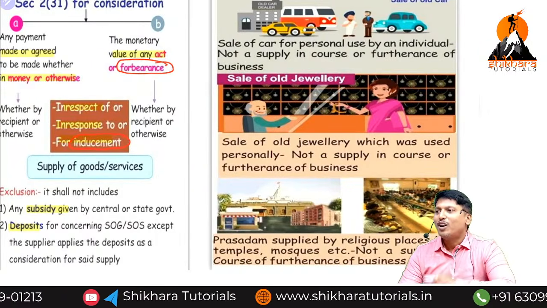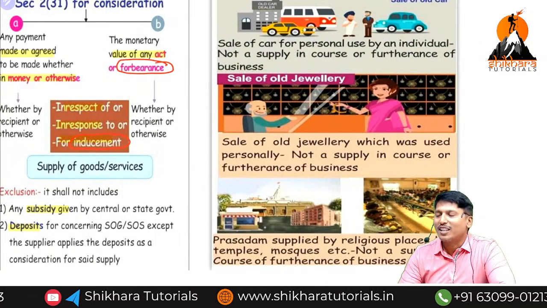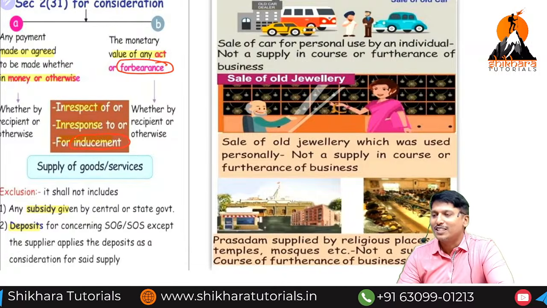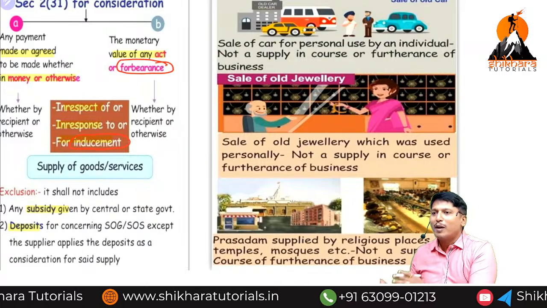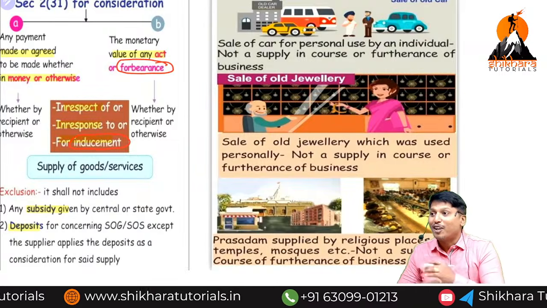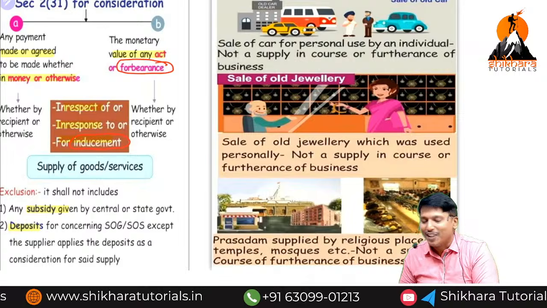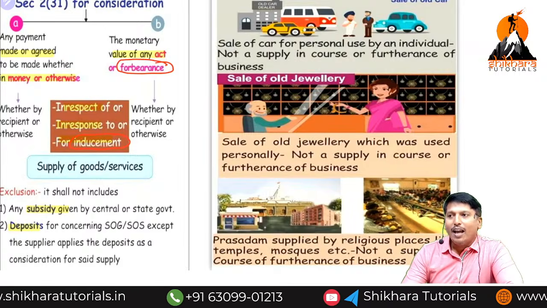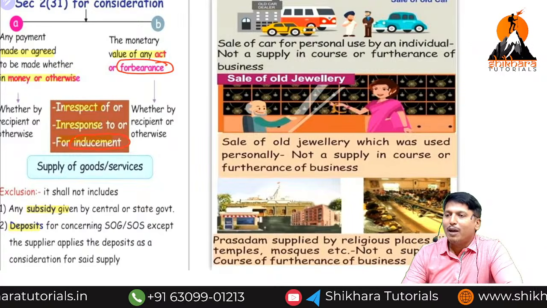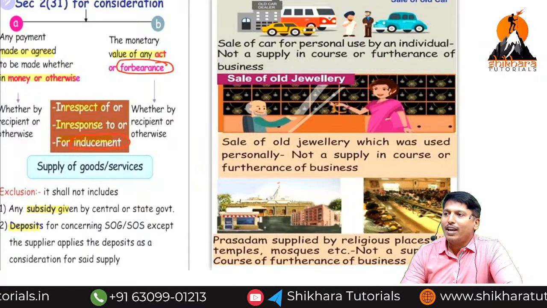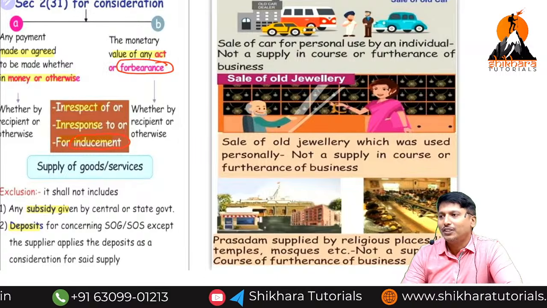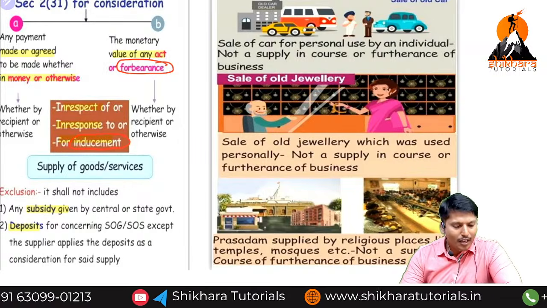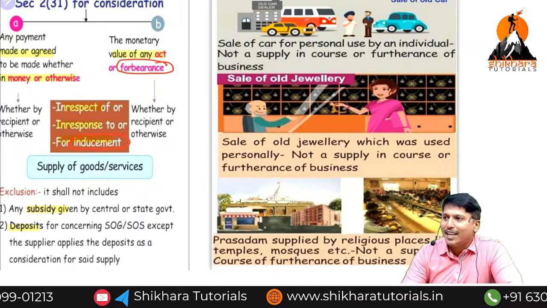We'll see what is the course and what is furtherance. In the course means related to the business. Furtherance means for the purpose of running the business, for the purpose of continuing the business. Say I am having a car, I purchased it for my personal purpose. Now I give the car to Ramesh for second hand sale.